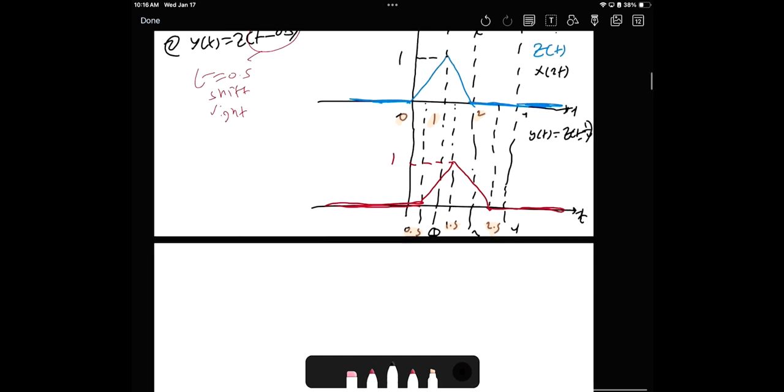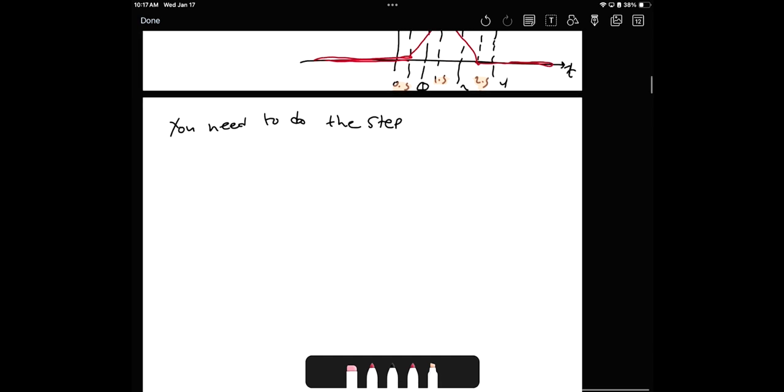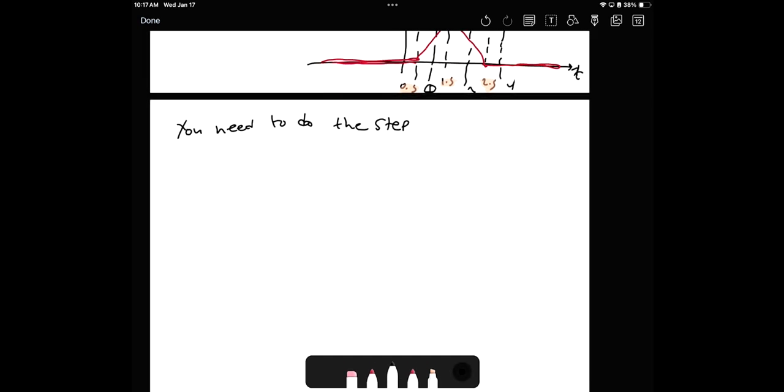Now you need to keep in mind something important. You need to do the steps or the procedure in order. You need to do step 1 first, then step 2 second. So the order matters. So y of t equals x of at minus b.